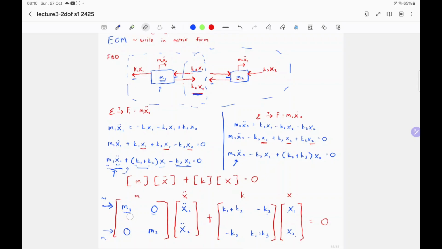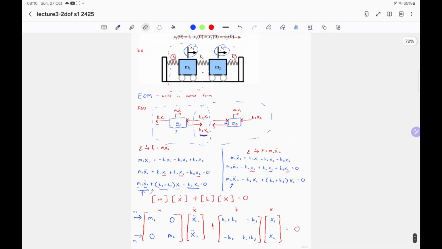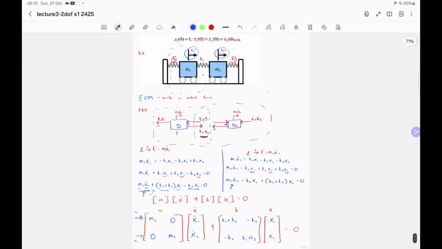So take some time to go through everything here and try to do it yourself. Please also take note that this is very important. If you wrongly determine the direction here, you will mess up the negative and positive signs, so your equation of motion will be affected and you might get the wrong answer.